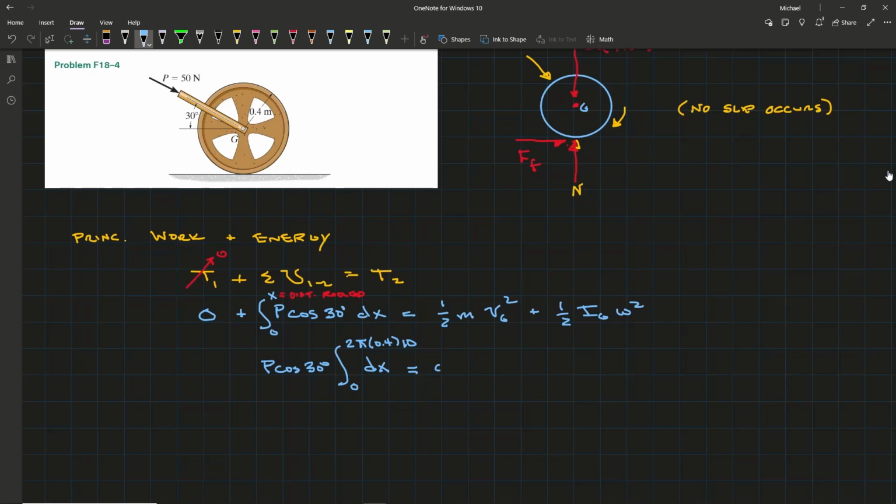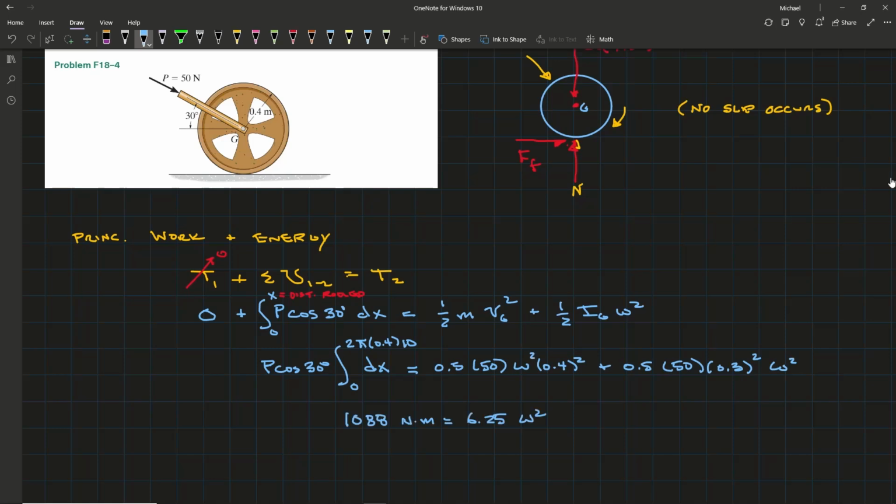And then we equal 0.5 times 50 times omega times r of 0.4 squared plus 0.5 times 50 times 0.3, which is our radius of gyration, squared, omega squared.